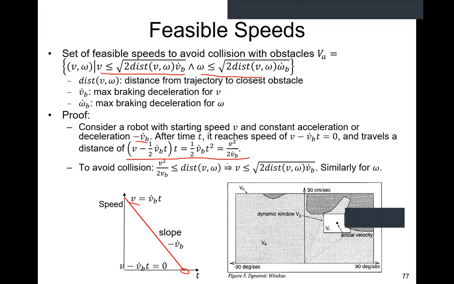So to avoid collision, you can constrain the actual distance to be greater than this value. Therefore, the robot can stop before reaching the obstacle. And here's the upper bound on the velocity. That's where this equation comes from. Similarly for omega.